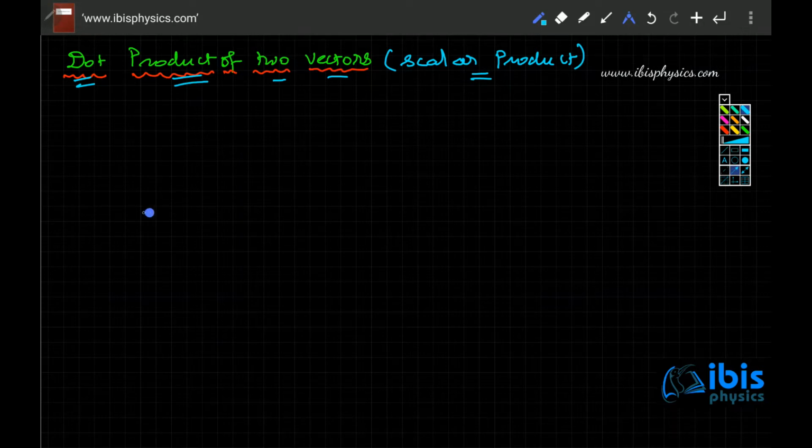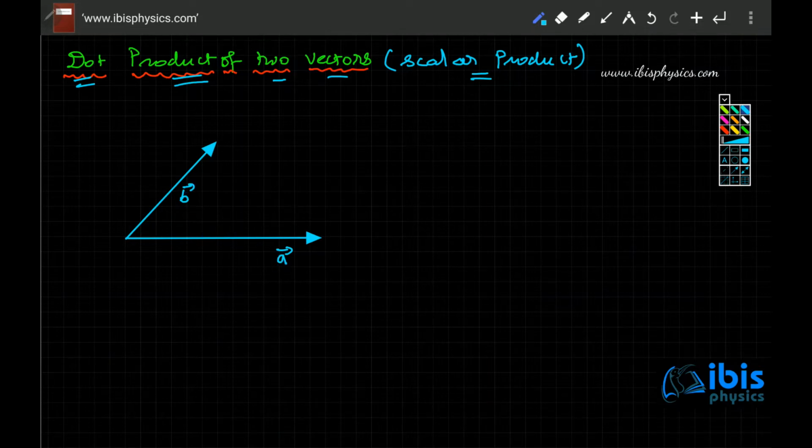See, suppose there is a particle or something, and there are two vectors. Let's say one vector is a vector, and another vector is making some angle, and that is the b vector. So let's say it is the a vector, it is the b vector.